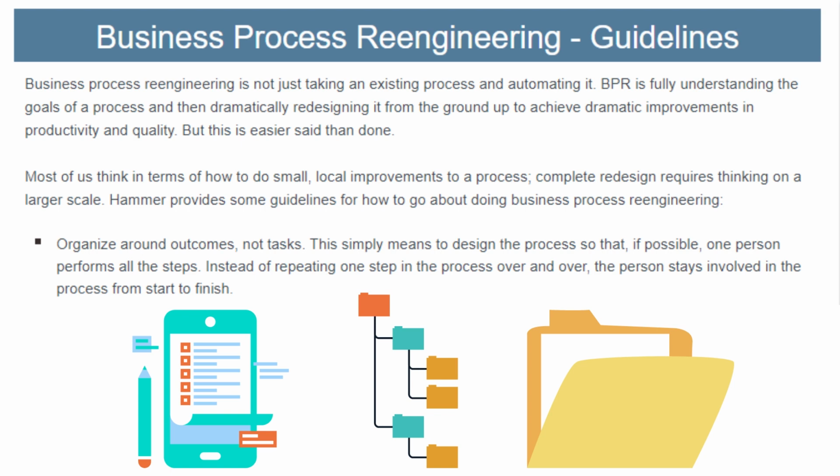This simply means to design the process so that, if possible, one person performs all the steps instead of repeating one step in a process over and over. The person stays involved in the process from start to finish.